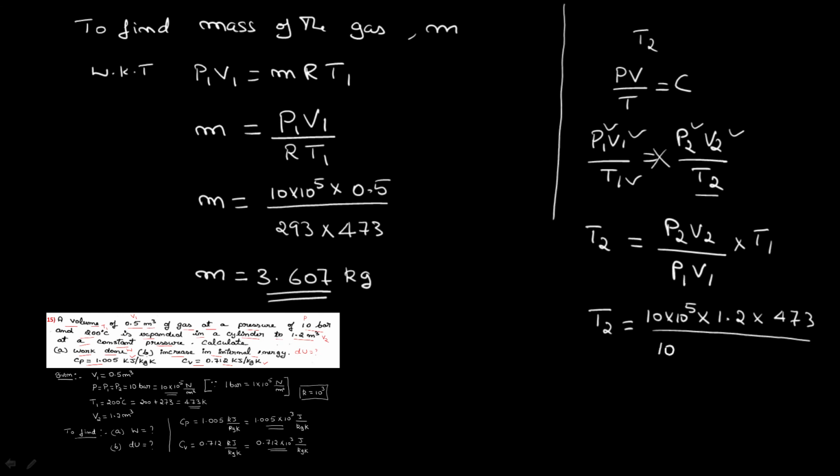Again the pressure is constant, 10 into 10 to the power of 5, and the value of V1, that is 0.5. This will cancel directly, P2 and P1. Remaining is 1.2 multiplied by 473 divided by 0.5.